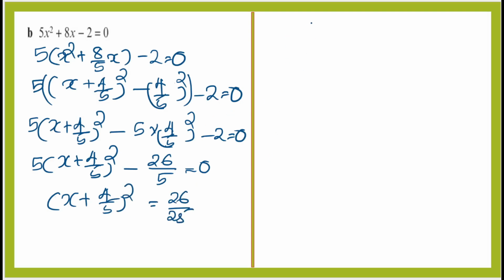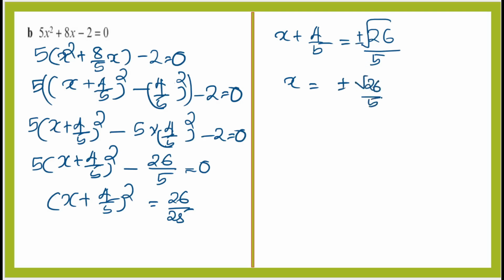Now taking square roots on both sides, x plus 4 by 5 equal to plus or minus root 26 by 5. That's x equal to plus or minus root 26 by 5 minus 4 by 5. Now rearranging, 1 by 5 times (plus or minus root 26 minus 4).